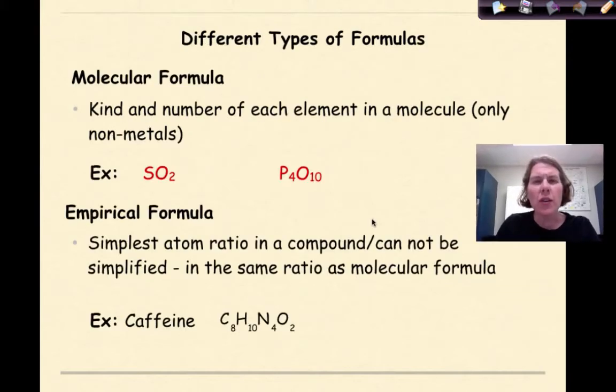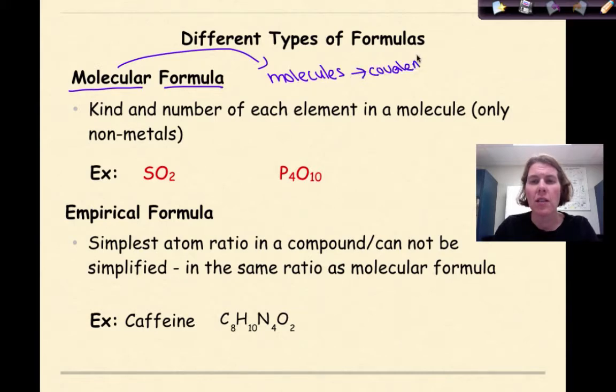Now let's look at two different types of chemical formulas. There's a more specific one called a molecular formula. Remember, when you see the word molecular, we think molecules. And if we think molecules, we're thinking covalent bonds. And if we're thinking that, we're thinking non-metals.